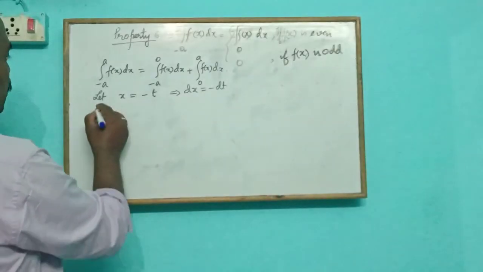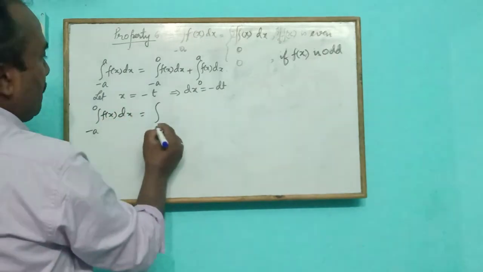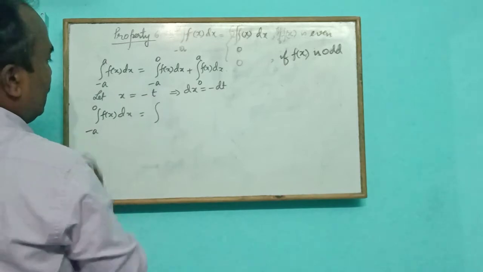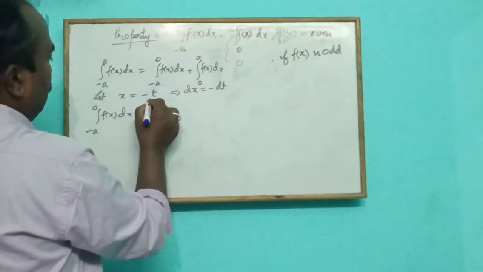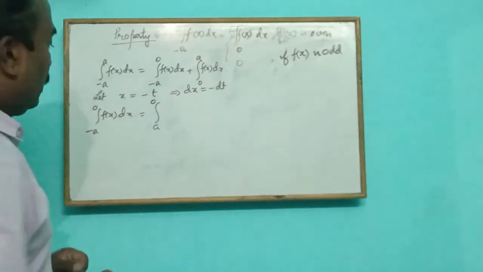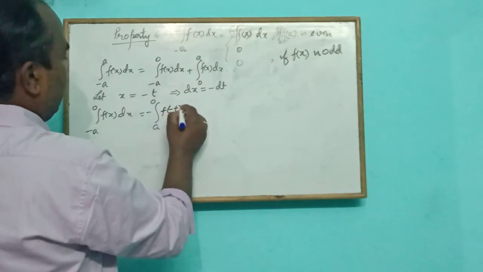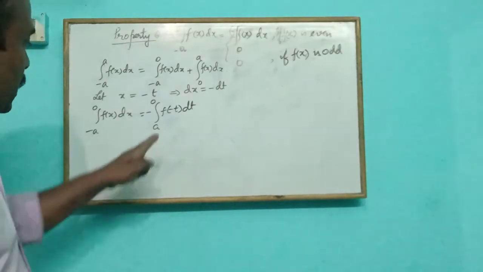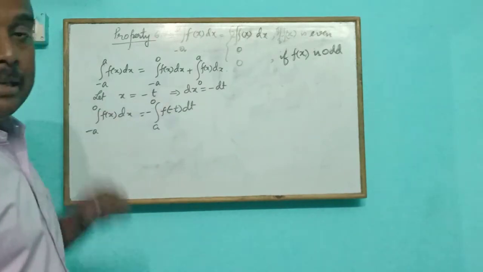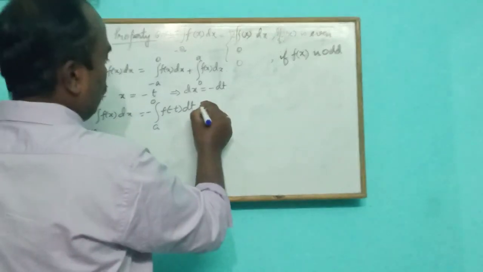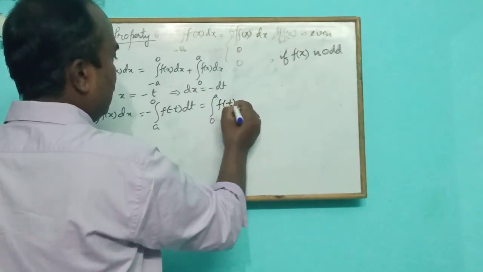Then integral minus a to 0 of f(x) dx is written as, when x is minus a, t is a, and when x is 0, t is also 0. That is minus f of minus t dt. How it is minus? Because dx is minus dt and in place of x it is minus t. So this is also equal to integral 0 to a of f of minus t dt.